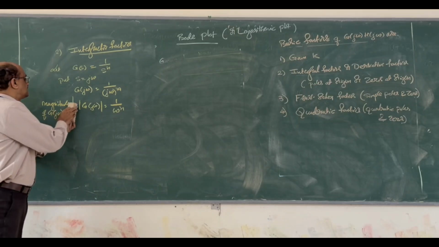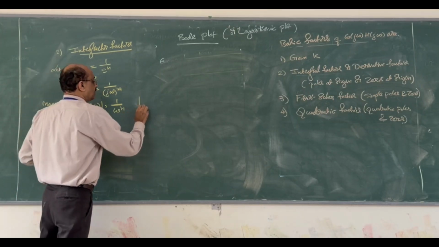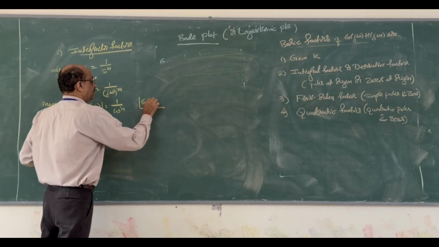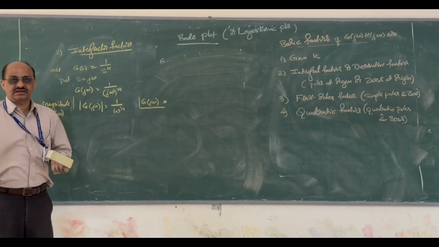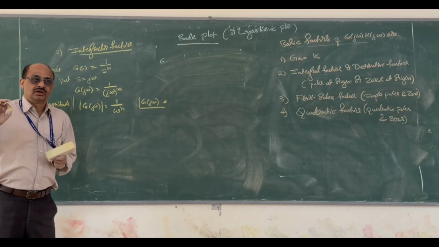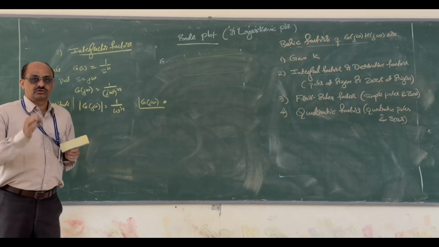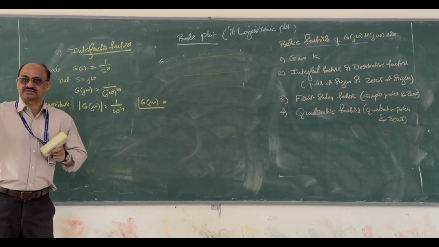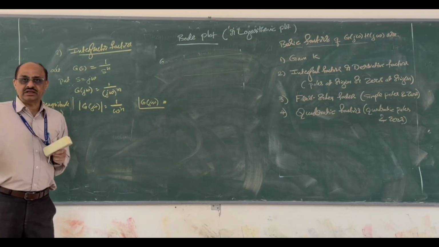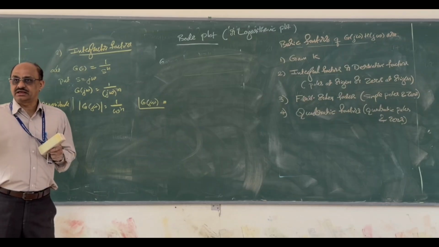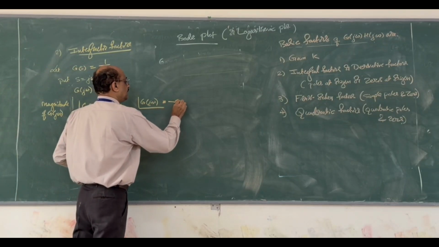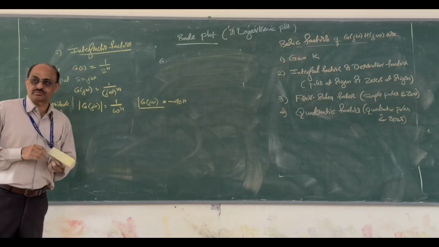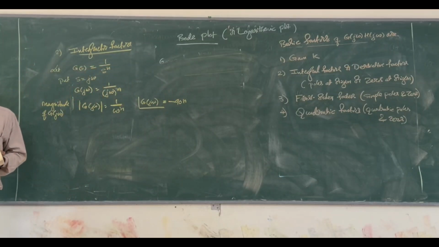The phase angle of this G(j omega): as I said, j is in the denominator, so that contributes minus 90 degrees, and because of n number, it contributes minus 90n degrees.